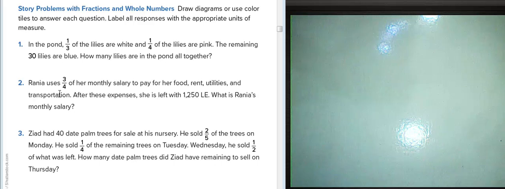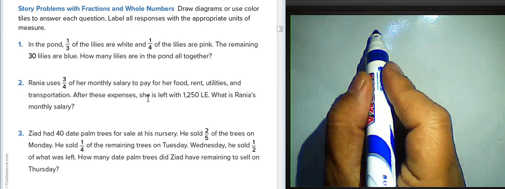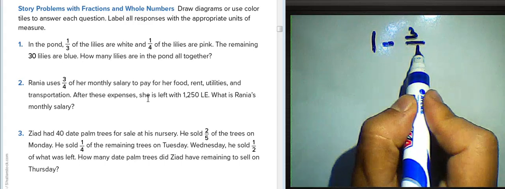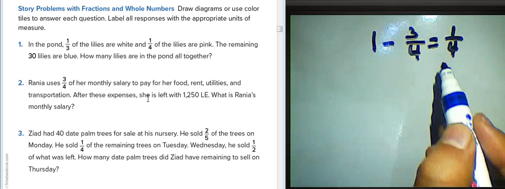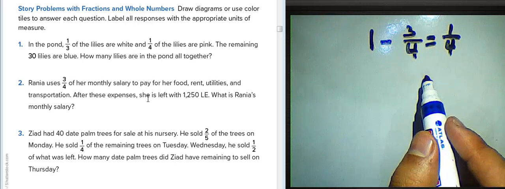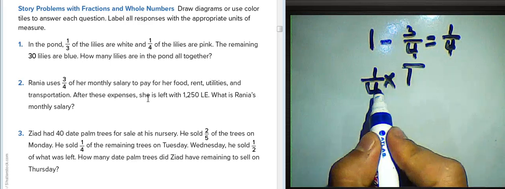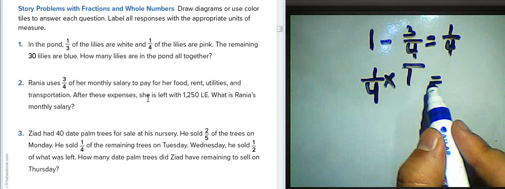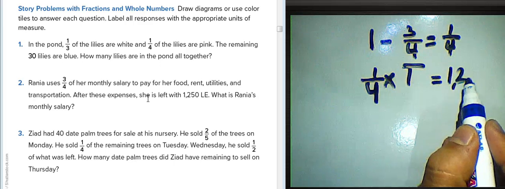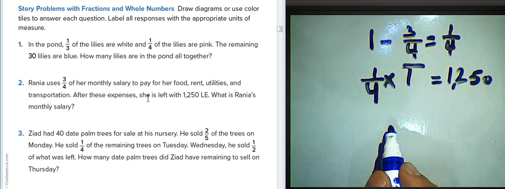She uses 3 over 4 of her monthly salary to pay for food and rent and so on. So we can find the remainder here. It will be 1 subtract 3 over 4. It will be 1 over 4. She is left with 1,250. One fourth multiplied by the total salary equals 1,250 lira.